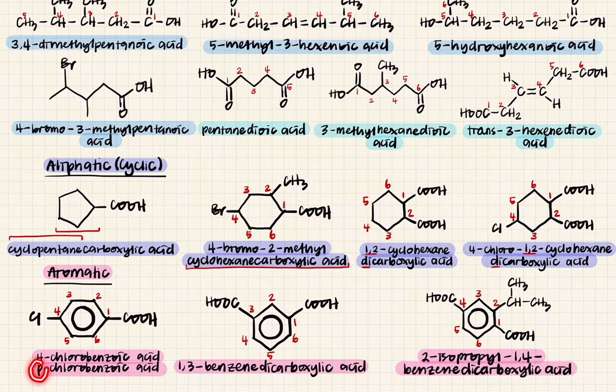You can use ortho, meta, para abbreviations. First, circle the parent chain. So this will be your benzoic acid, where this carbon of your benzene ring is carbon number 1. The rest will be 1, 2, 3, 4. So it will be 4 chlorobenzoic acid.